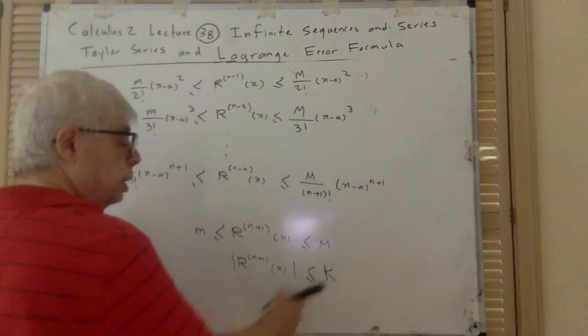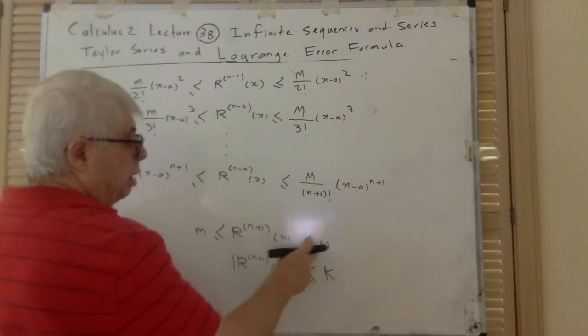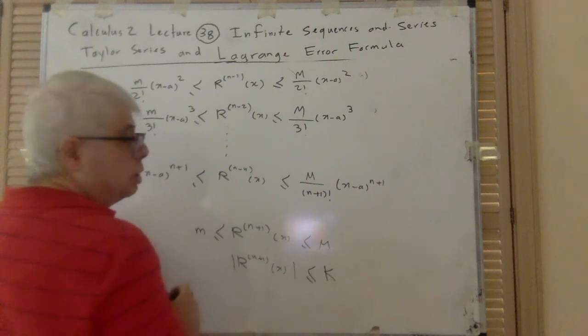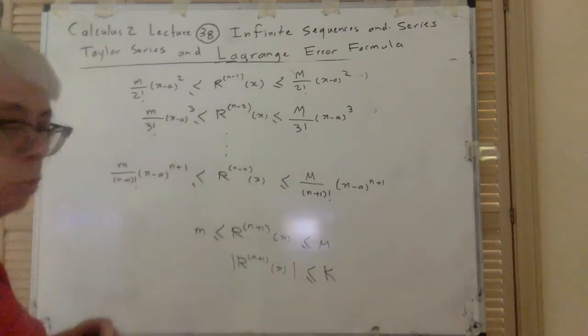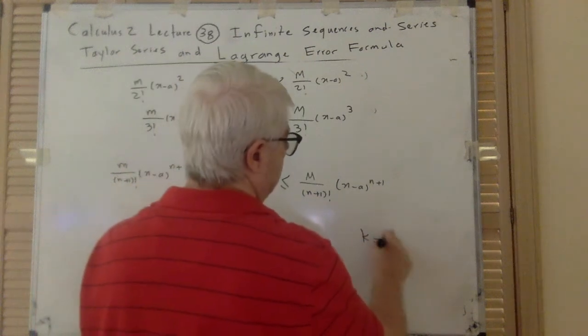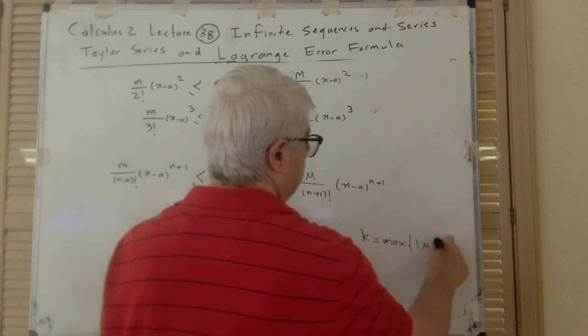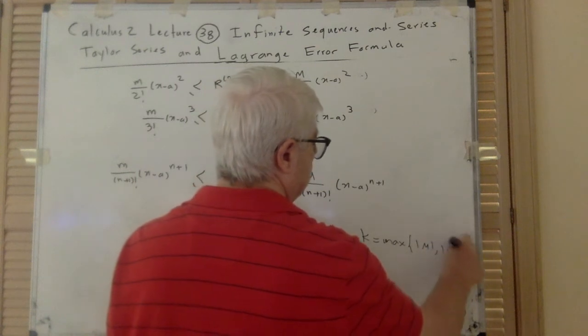So this big capital K is in fact the maximum of absolute M and absolute small m.